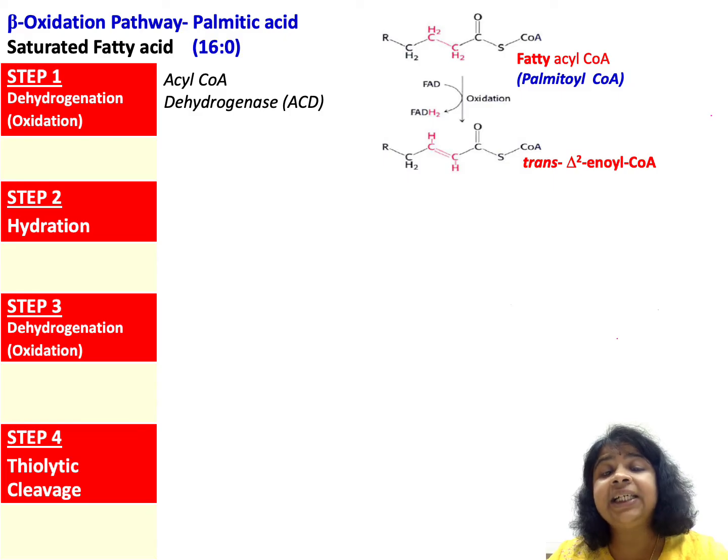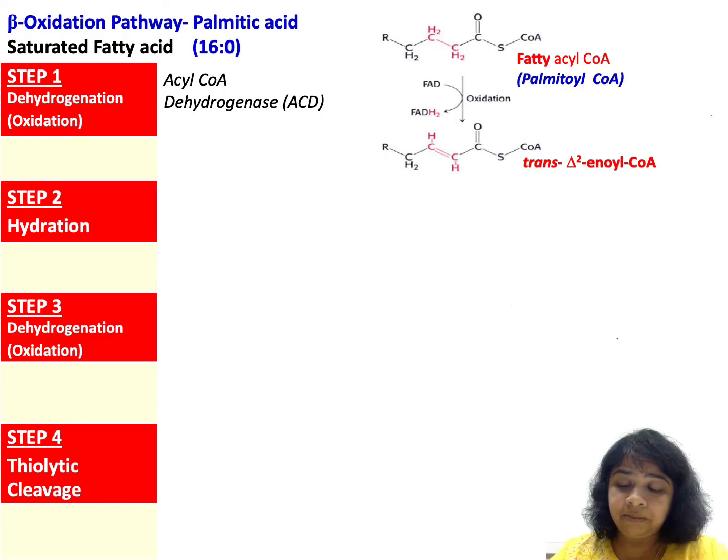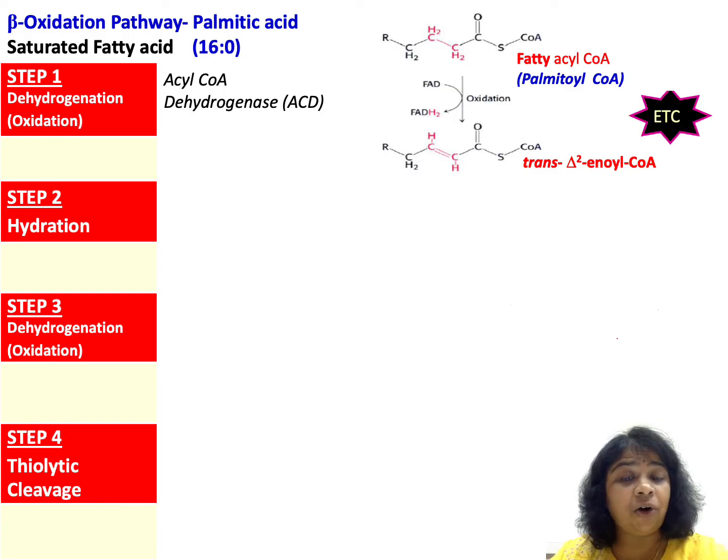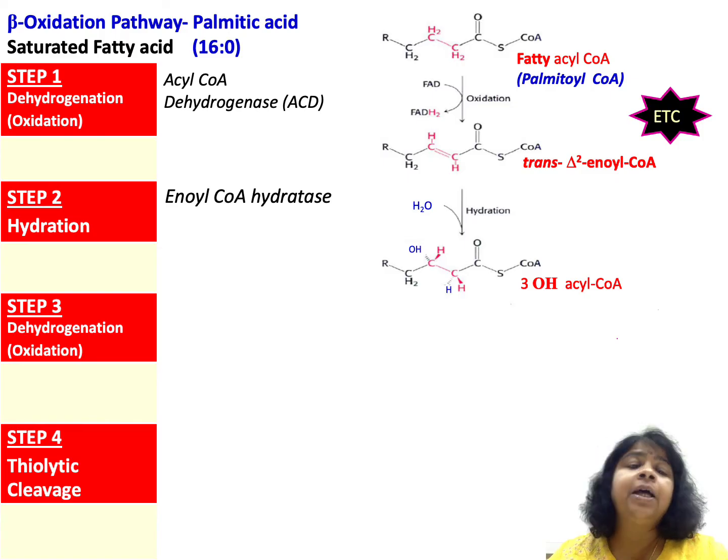So, trans delta 2 enoyl CoA. This is the first step, that is oxidation. The FADH2 that is formed here will enter into the electron transport chain to give energy. Now, the next step is hydration, addition of water, enzyme enoyl CoA hydratase.